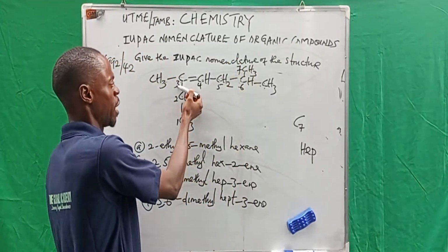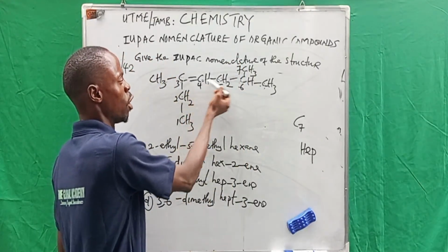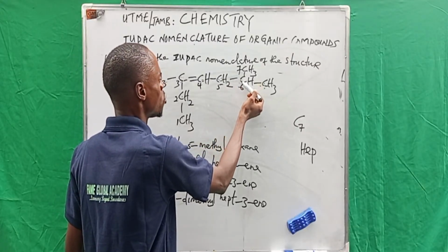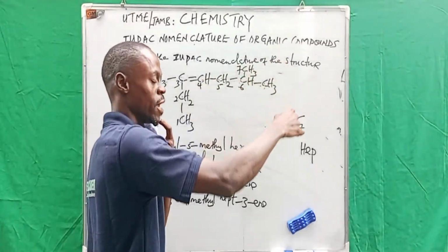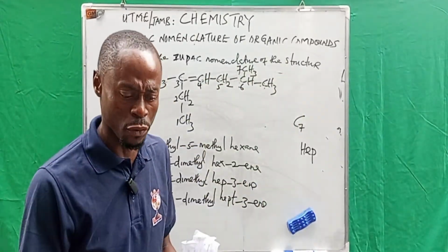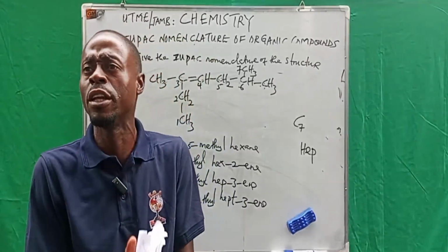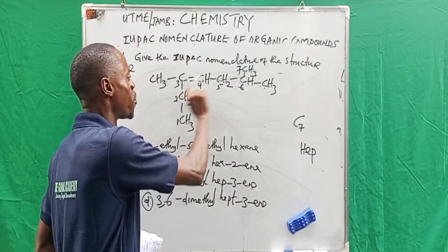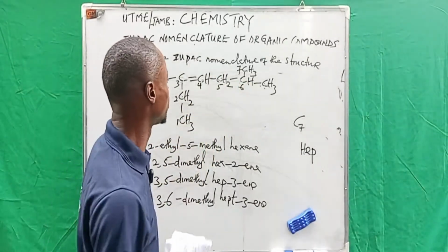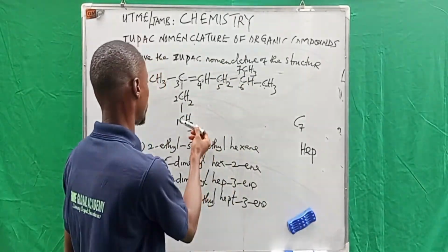Because at carbon atom 3, we have our functional group, the double bond. But if you take this direction, 1, 2, 3, 4, it will be carbon atom 4. So the distance is smaller from this end. You always number from the point where we have the lowest possible number. So the correct numbering to locate our longest carbon-containing chain in this structure is from this end, 1, 2, 3, 4, 5, 6, 7.